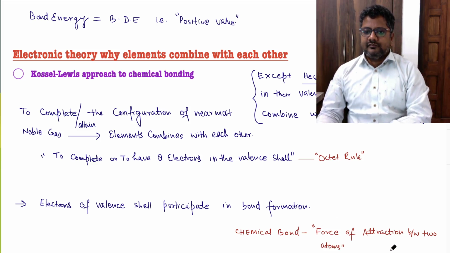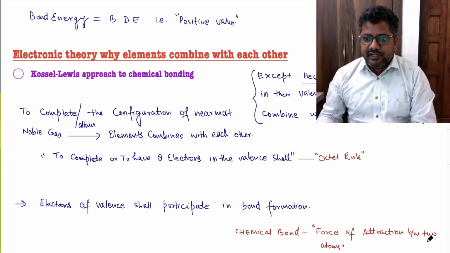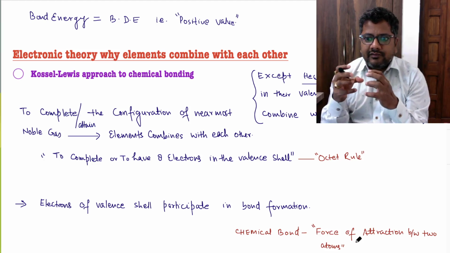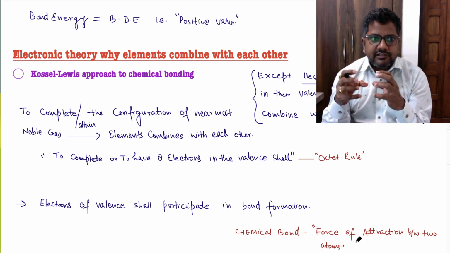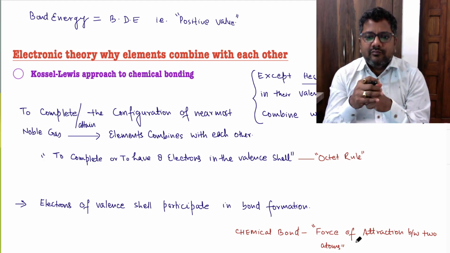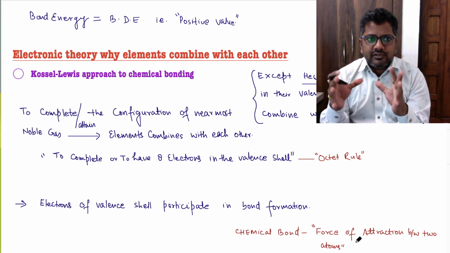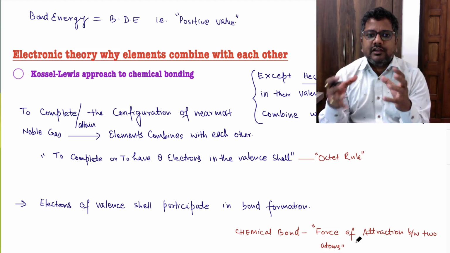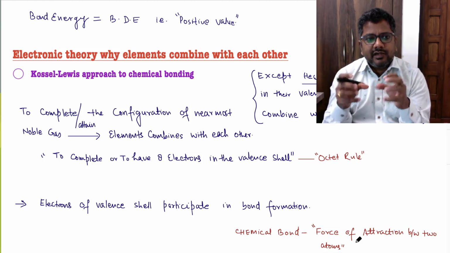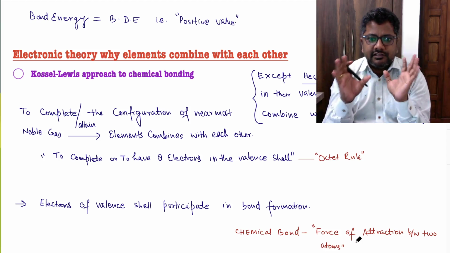Right? So see, between two atoms, the mandatory condition is minimum two atoms should be there, not between molecules. If a force of attraction is present between molecules, that is not a chemical bond. Although that is a force of attraction, you cannot say that is a chemical bond. Chemical bond means force of attraction between two atoms. This is mandatory. This is the requirement.